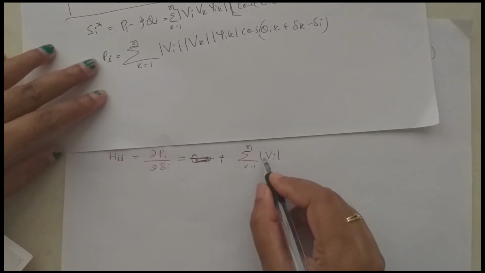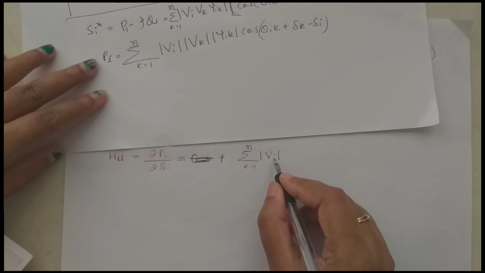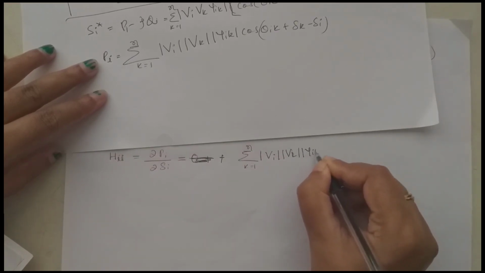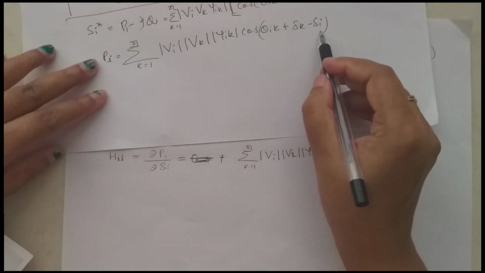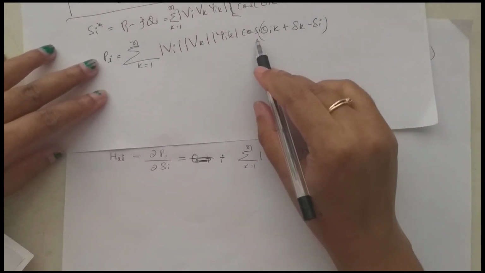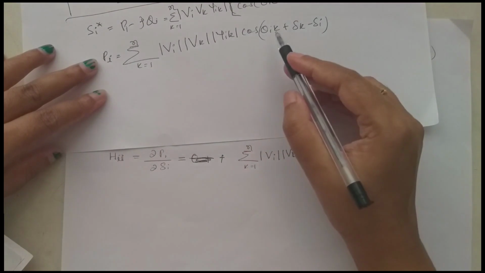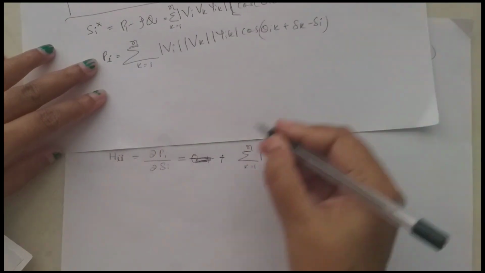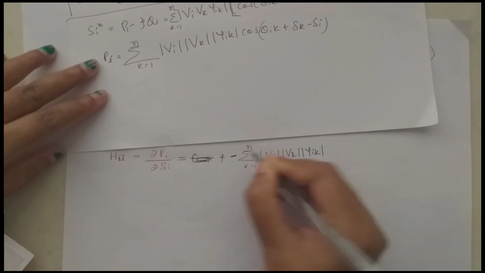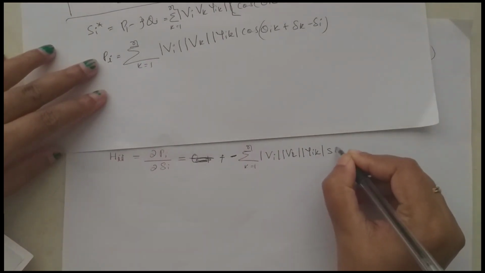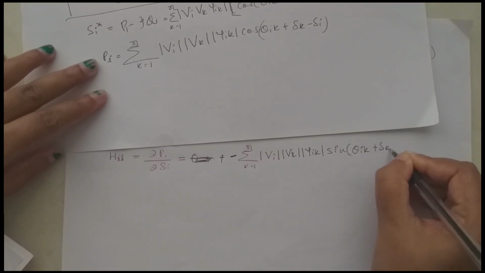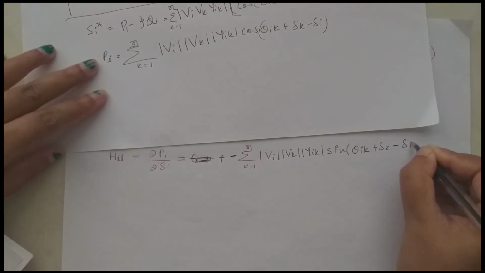Summation k varies from 1 to n Vi Vk Yik, but delta i is inside the cos function. So the differentiation of cos is equal to minus sine, so minus sin(theta ik plus delta k minus delta i).